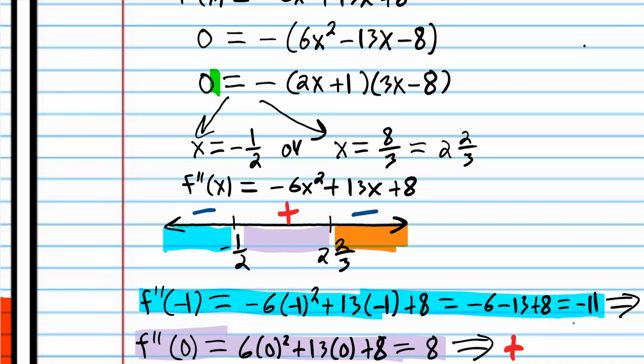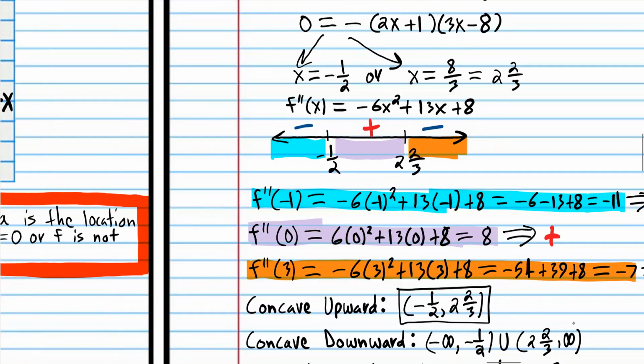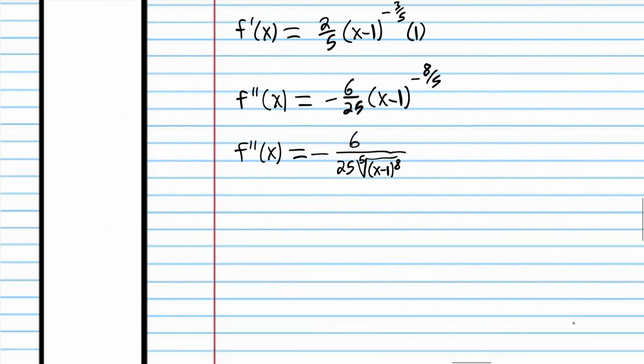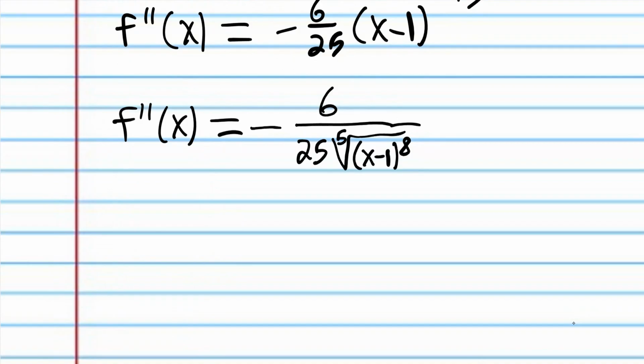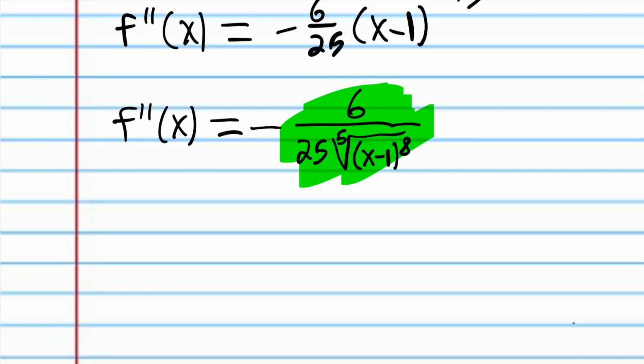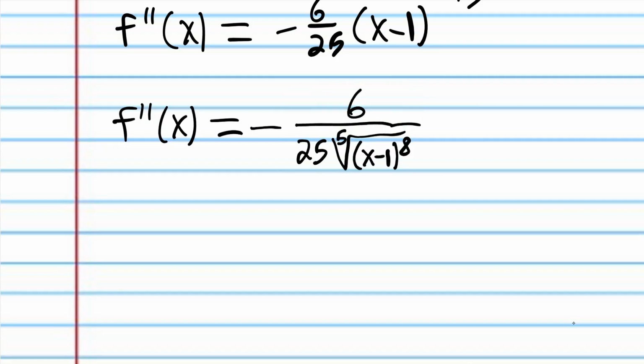So you see the green 0, we set it to 0, we found those values. That's just where the second derivative could possibly change sign. Problem is, we can't make the second derivative equal to 0. It's impossible for this expression to be equal to 0.